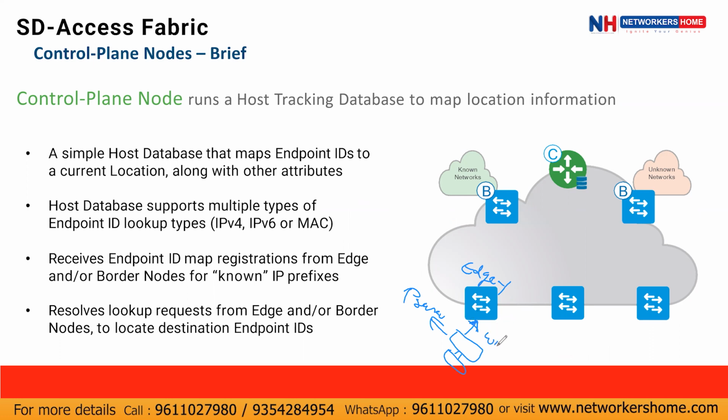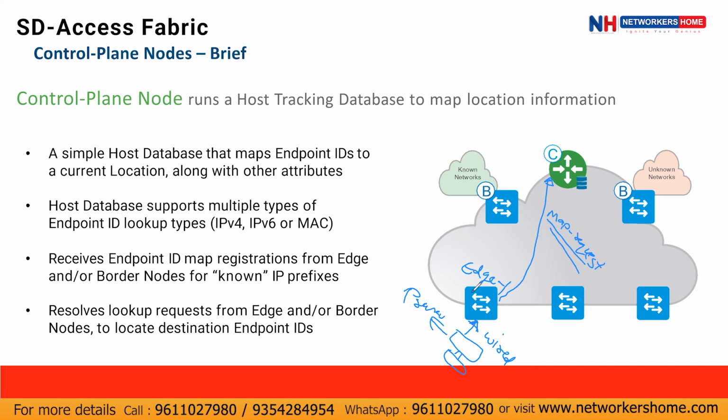What happens when I connect to edge 1? What edge 1 does is it updates the control plane node, and this is known as map request. We have a detailed diagram later on, but just for better understanding now, I'm letting you know this earlier. It's known as map request.